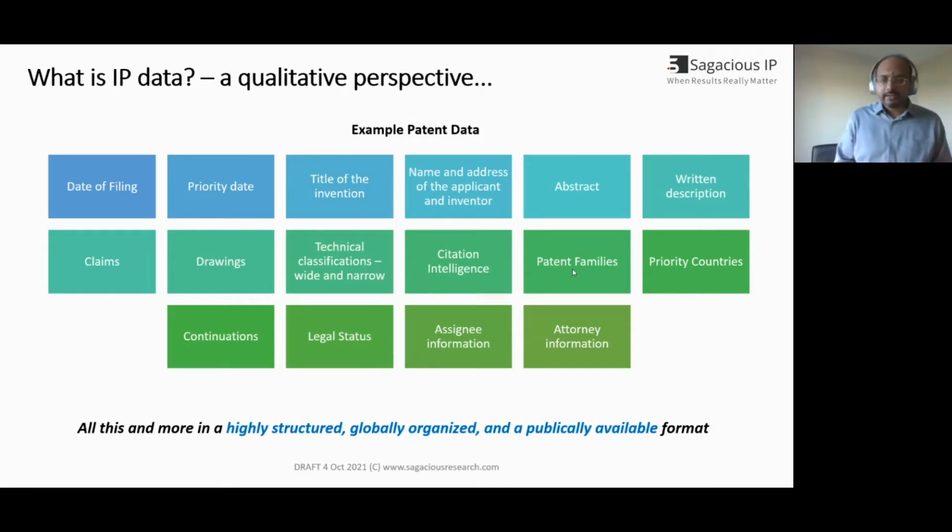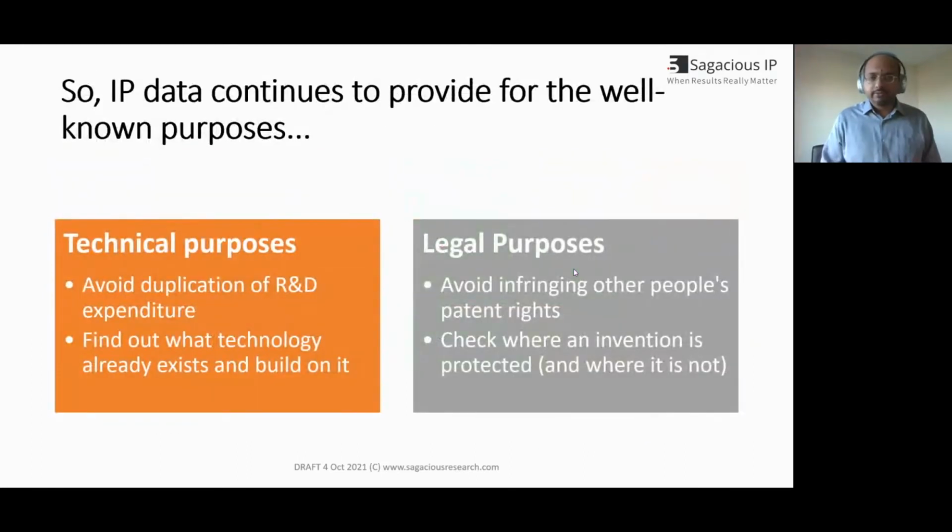So effectively, as a supplier or an end user, if you're looking for very specific pieces of information or intelligence, you could use this data in a very well categorized manner. Essentially, this huge set of data is highly structured, globally organized, and publicly available, and that makes it very ripe for several purposes.